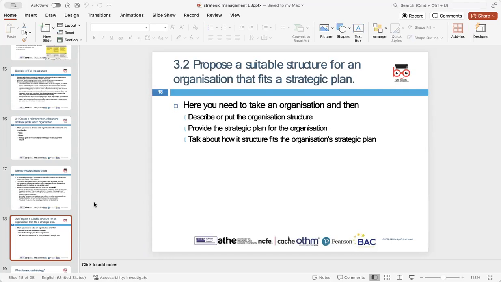The strategic plan of the organization aligns with the structure. For example, if a company's strategic goal is to increase innovation, it may adopt a more flexible structure to encourage collaboration and exchange of ideas across departments.